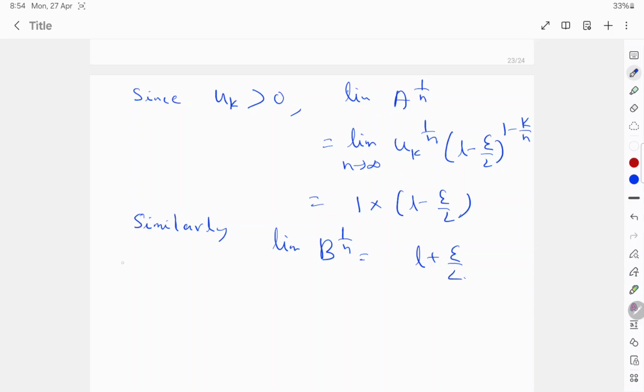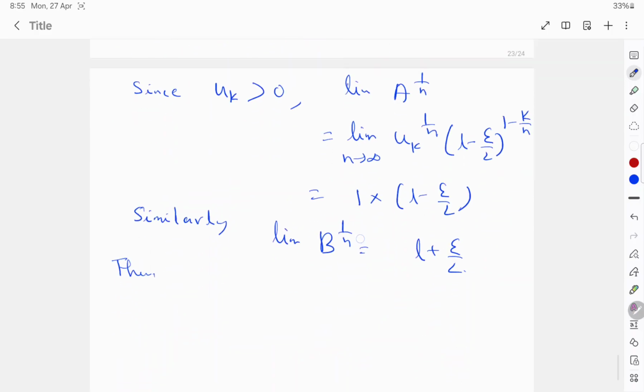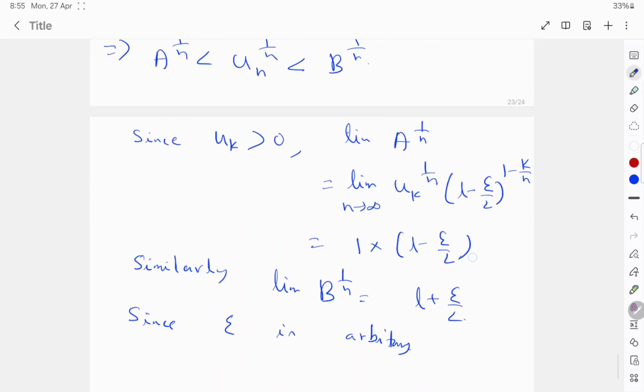Since your epsilon is arbitrary, or you can use your direct notation. So thus, since epsilon is arbitrary, that is actually your L type of thing.